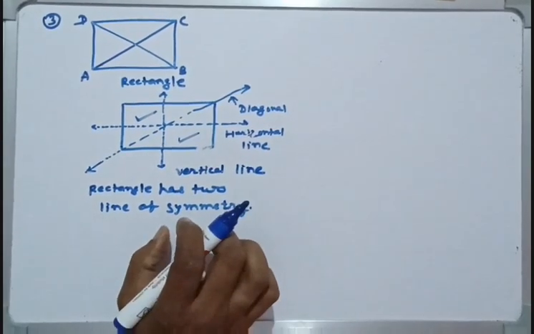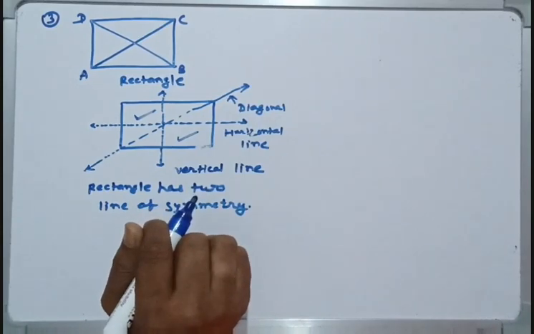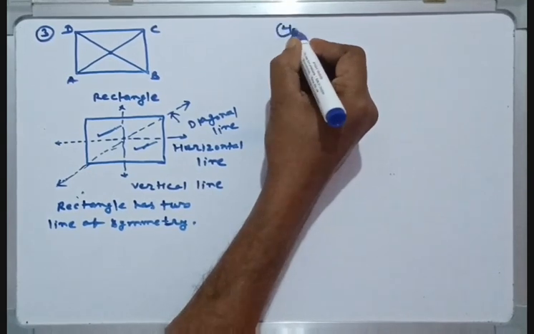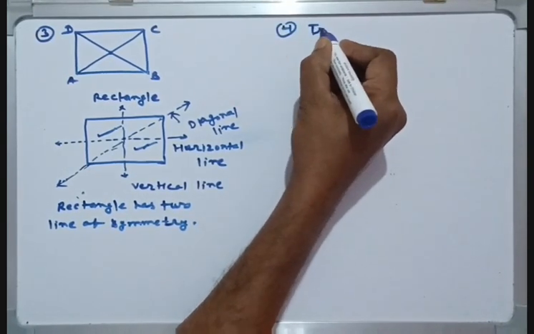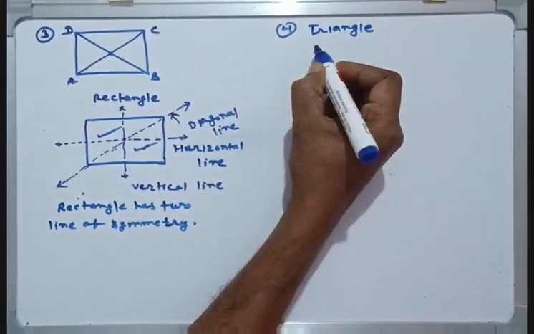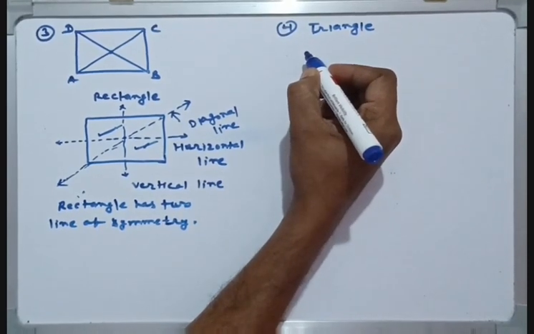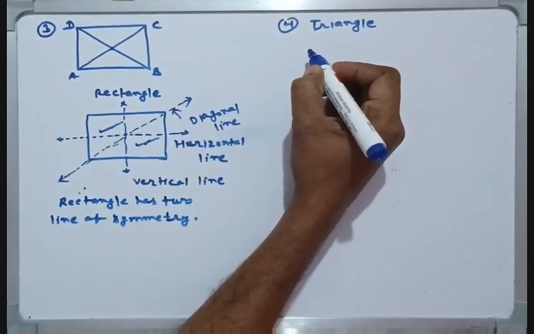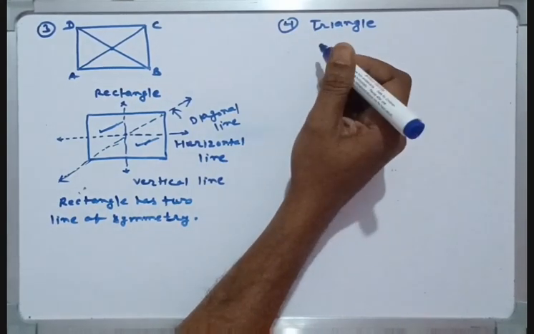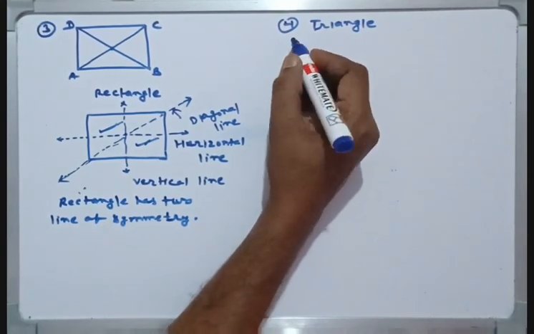Okay, now next we will see here symmetry in a triangle. Okay, now the fourth one is a triangle in which we study how many lines of symmetry are found in various types of triangle. Okay, here for example I have taken three types.